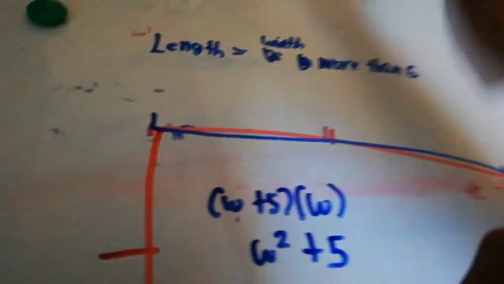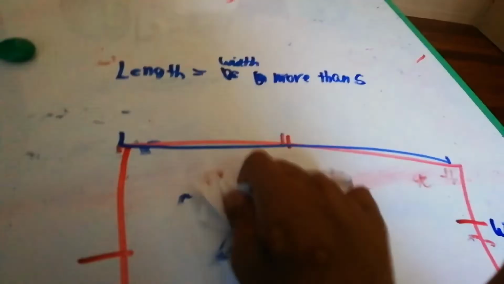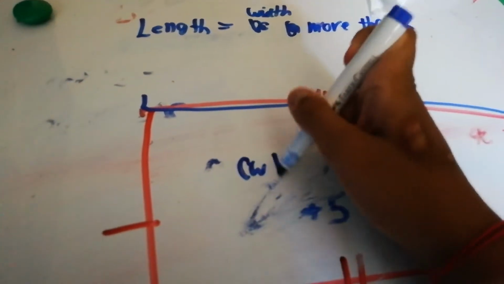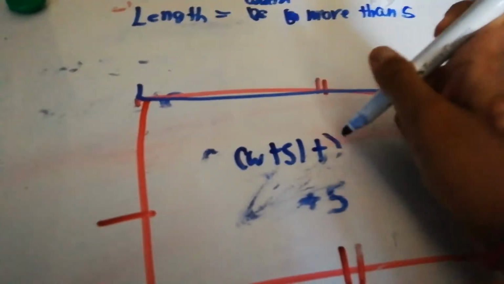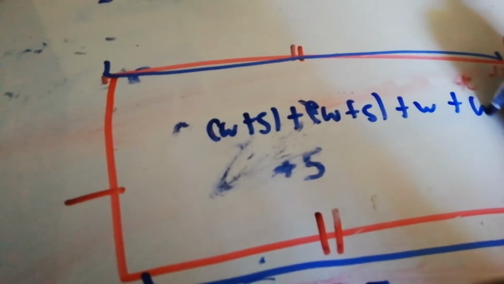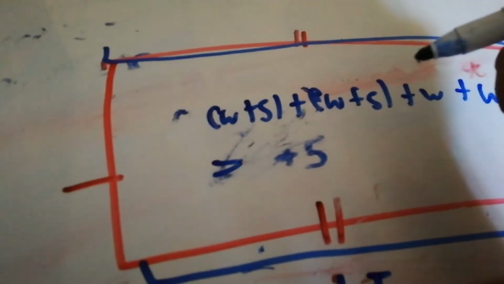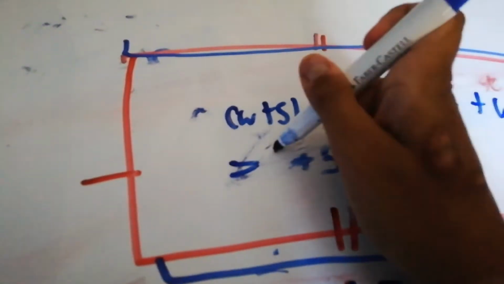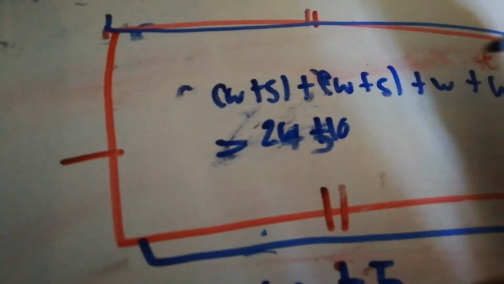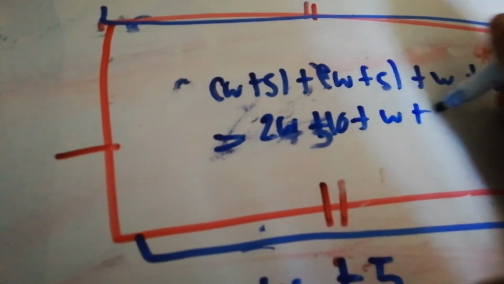Now if you want to find the perimeter, okay, perimeter is just w plus 5 plus w plus 5 plus w plus w. So we just do this first, 2w plus 10 plus w plus w.